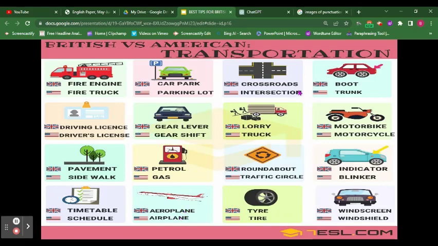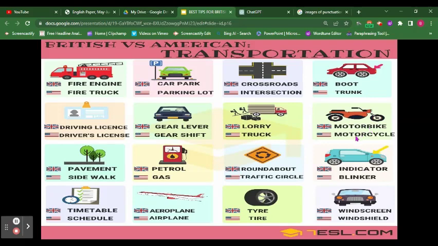Aeroplane, British, airplane, American. Crossroads, British, intersection, American. Lorry, British, truck, American. Roundabout, British, traffic circle, American. Tyre with T-Y-R-E, British, tire with T-I-R-E, American. Boot, British, trunk, American.